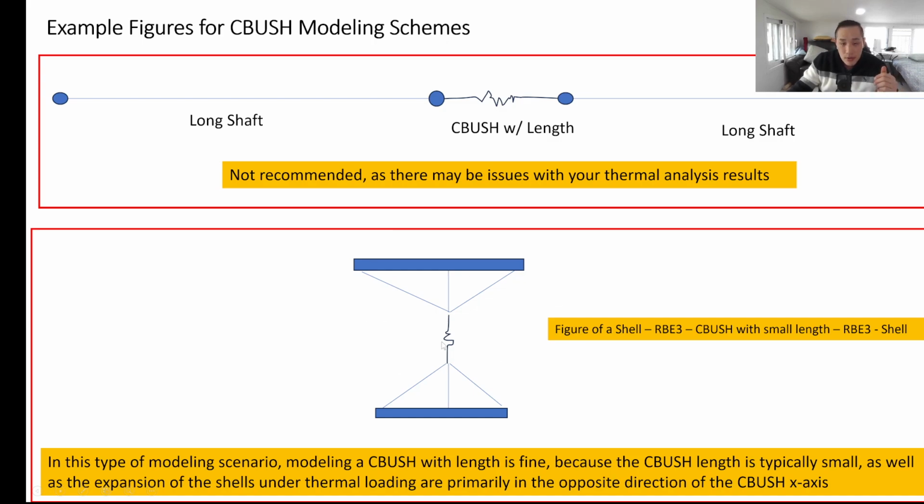Now, in the second example here, what you see is a shell, RBE3, CBUSH with some length, RBE3, and a shell. In this instance, it is okay to model your CBUSHes with length, especially since when you typically model these kinds of situations where the shells are fairly close to one another, inherently the CBUSH length won't be too long, just based off the fact that your components are interfacing with one another.